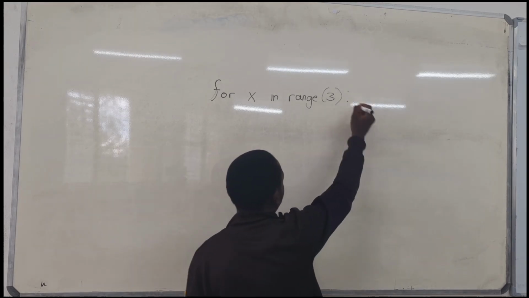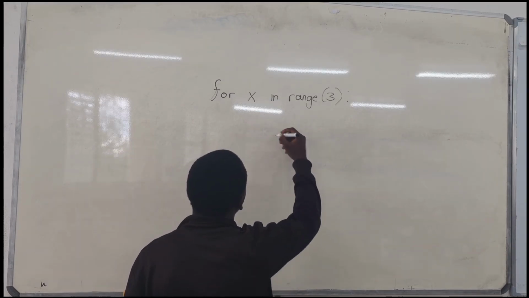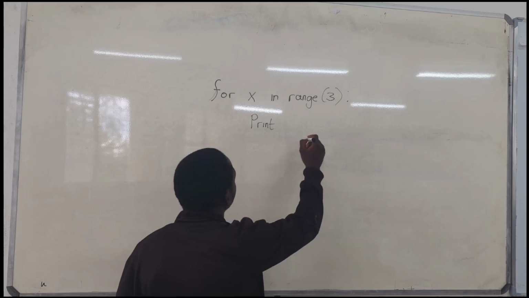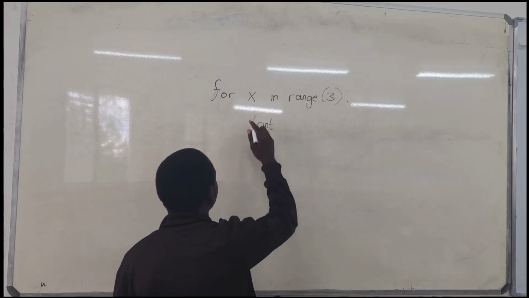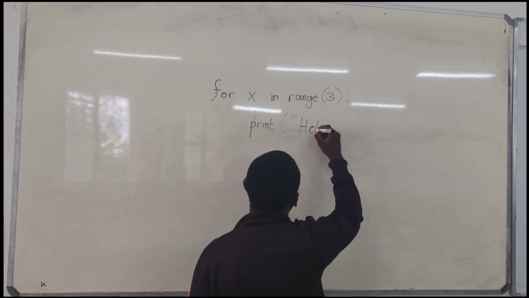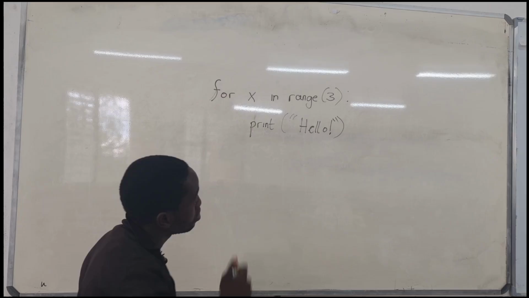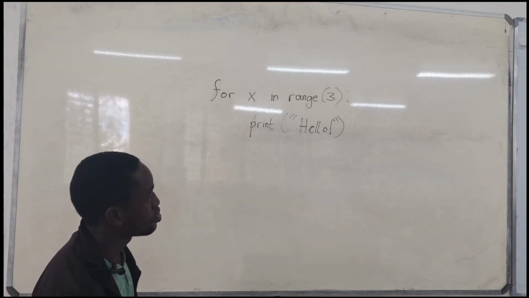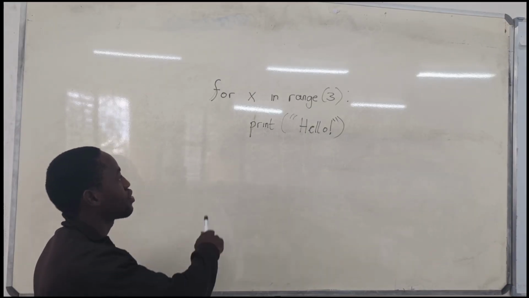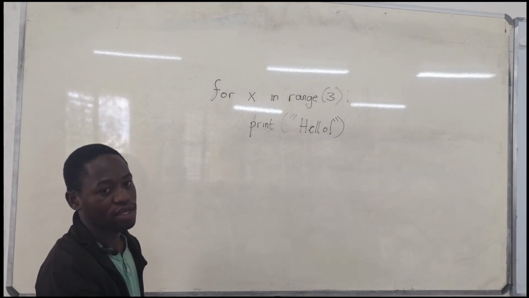So this is what's happening here. We have the for loop, which is just specified by the word for in Python.